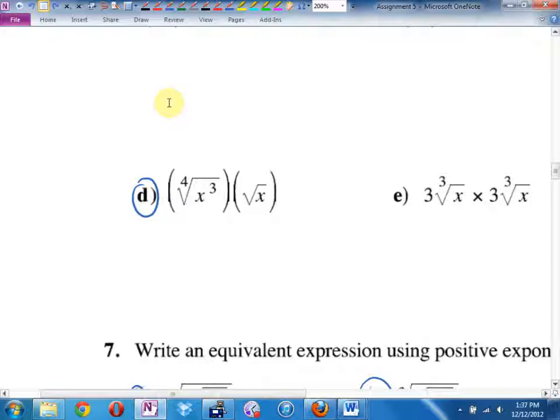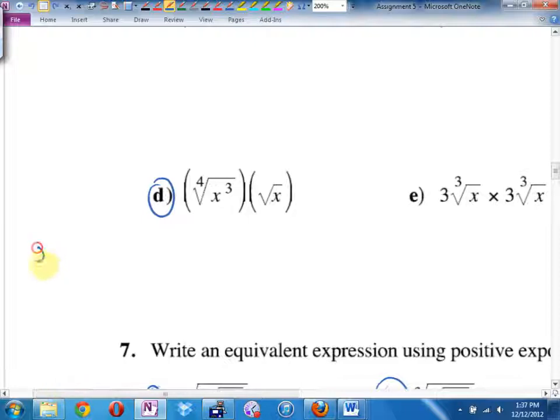How would I unflower power the first term? x to the 3 over 4 times. How would I unflower power the root x? I'm multiplying. My bases are the same, so I will add the exponents. This is going to be x to the power of 3/4 plus 1 over 2.